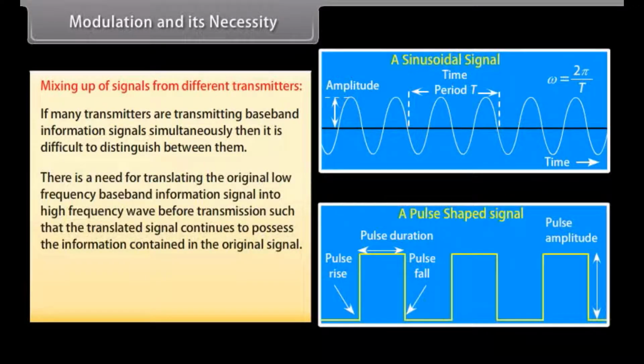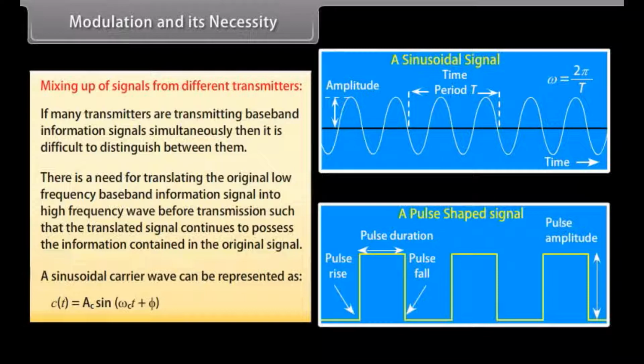There is a need for translating the original low-frequency baseband information signal into a high-frequency wave before transmission, such that the translated signal continues to possess the information contained in the original signal. A sinusoidal carrier wave can be represented as c(t) equal to A_c sin(omega_c t plus phi).